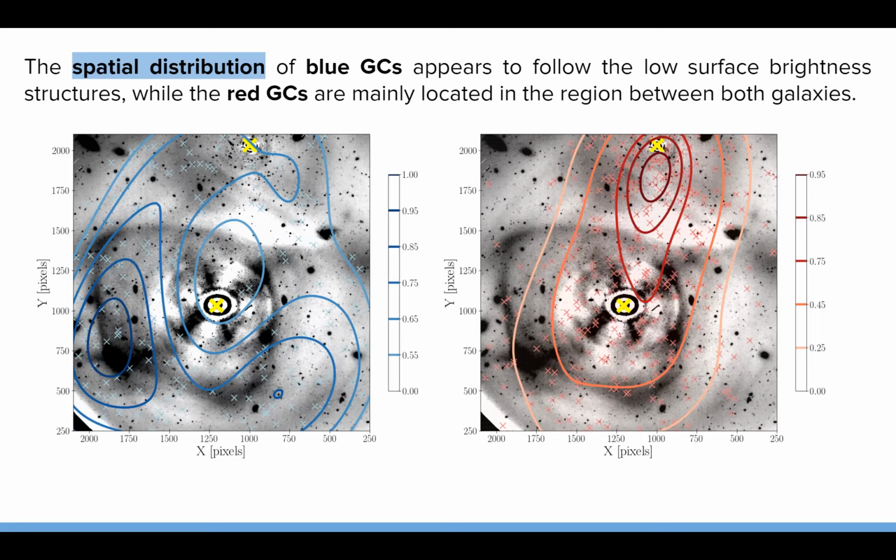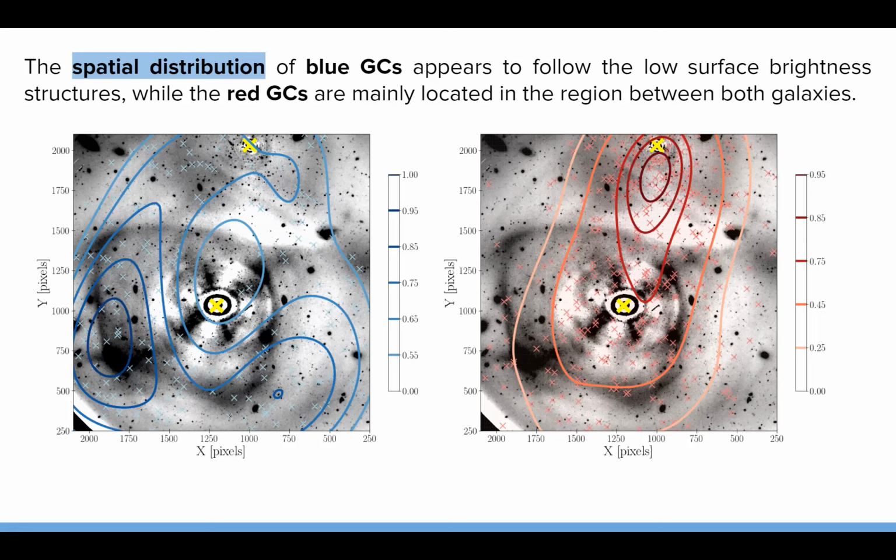And this might be part of the reason why we don't have a lot of them in the central region. It is a very strange result in a way, but also it's very encouraging because it's nice to find a direct connection between these features and blue globular clusters.